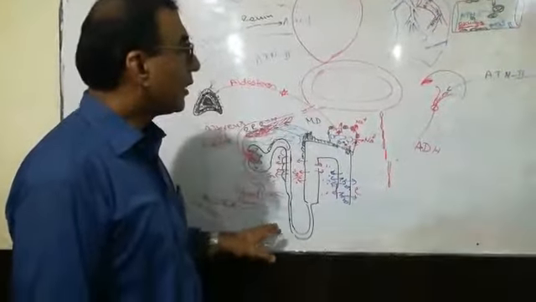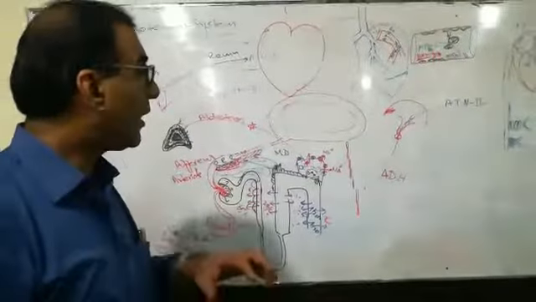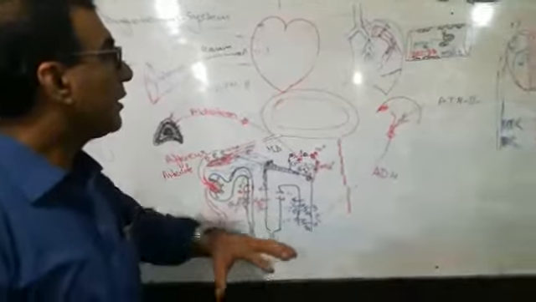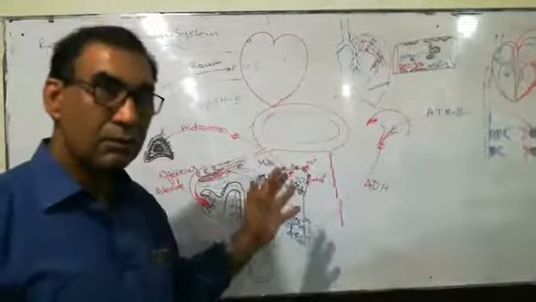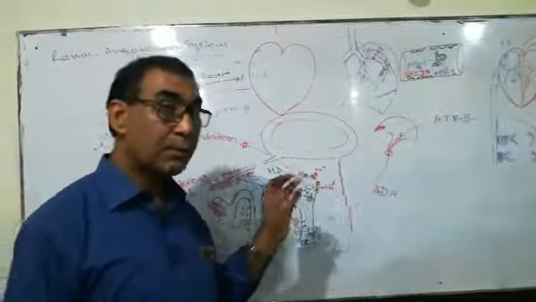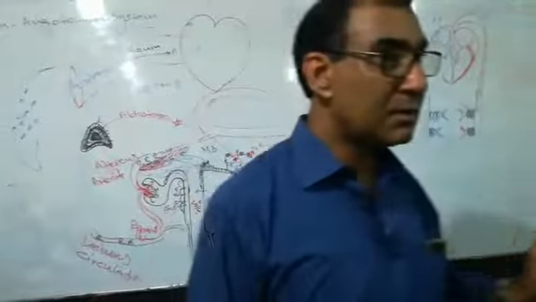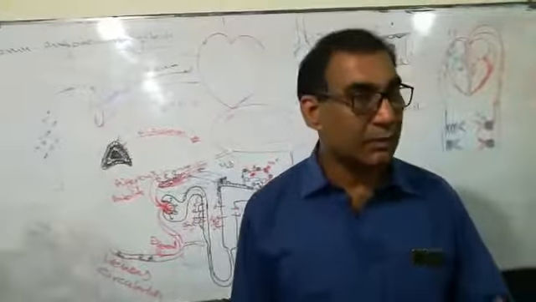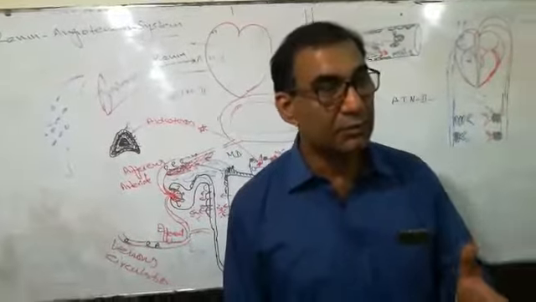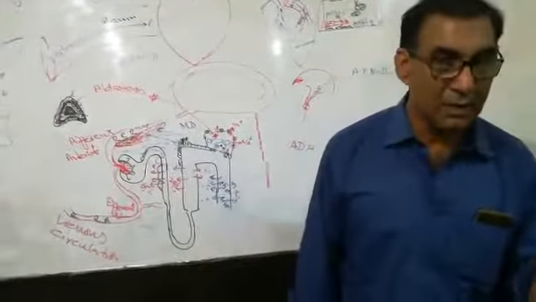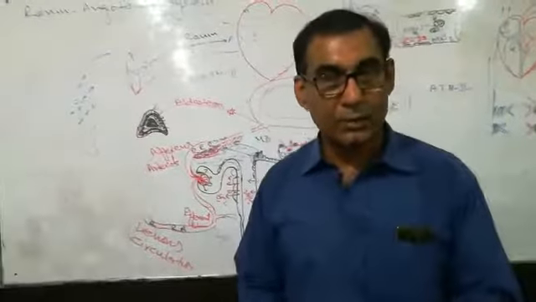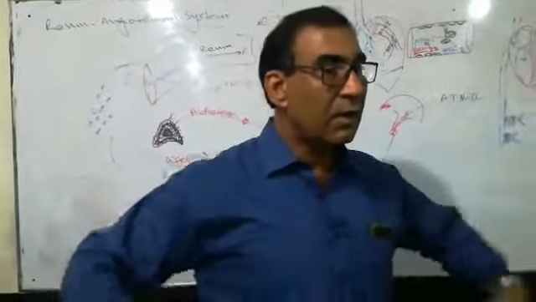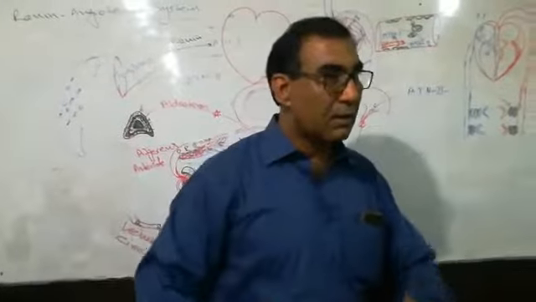Now, angiotensin 2 also stimulates the brain, and particularly the sympathetic system during an emergency situation, the fight and flight situation. Your sympathetic system is activated. Those neurons which are coming from your sympathetic system are activated.